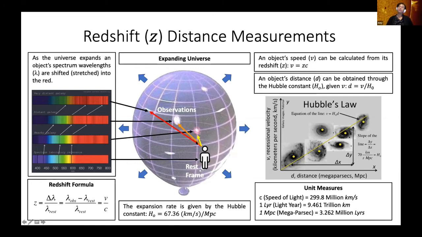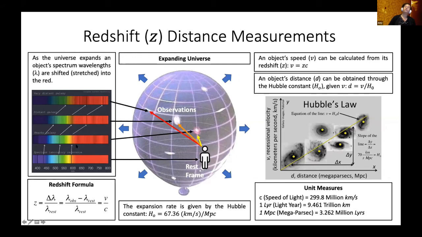Also, when you're looking at these objects, their spectrum gets shifted into the red. You measure the wavelengths and you notice everything is shifted, but you can tell from the signature of the spectrum what it is a spectrum of.